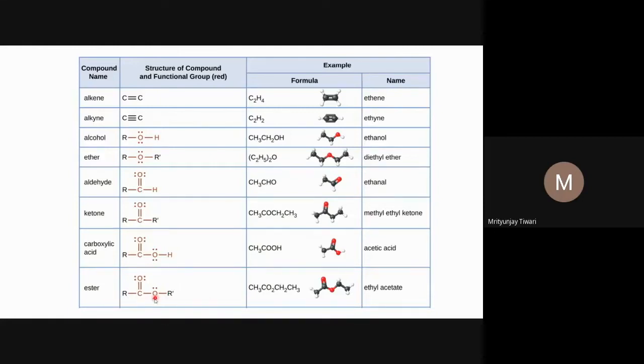Or if this OH group is replaced with any halide or halogen, then we call it an acyl halide or carboxylic acid halide. Or if this OH is replaced with an NH2 group, then this functional group is an amide. The structures we have already seen.